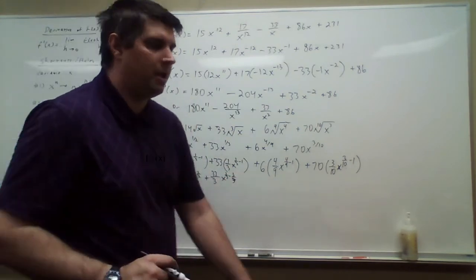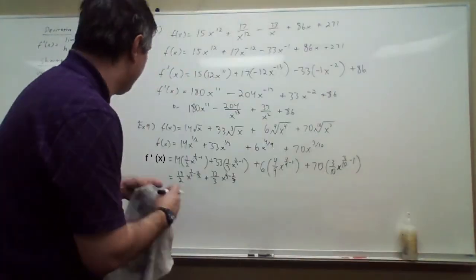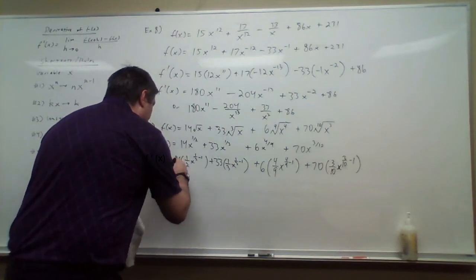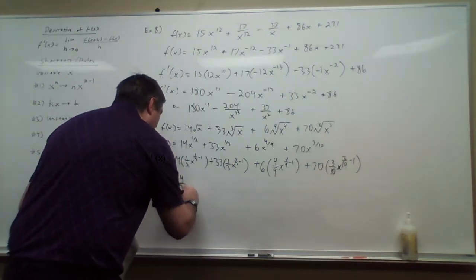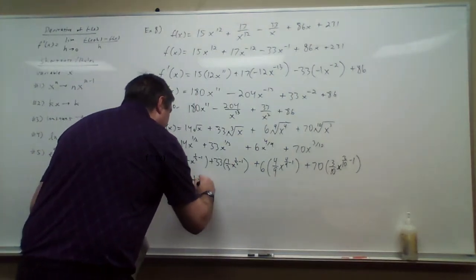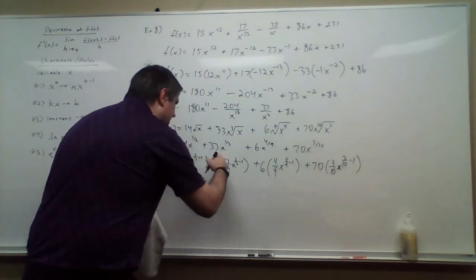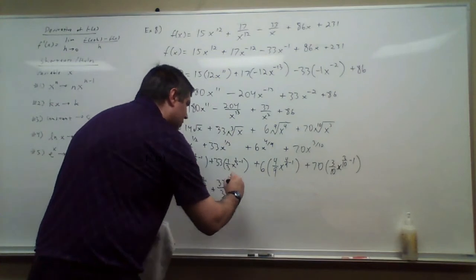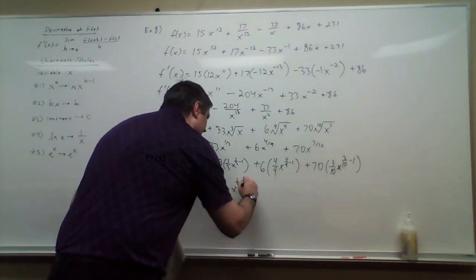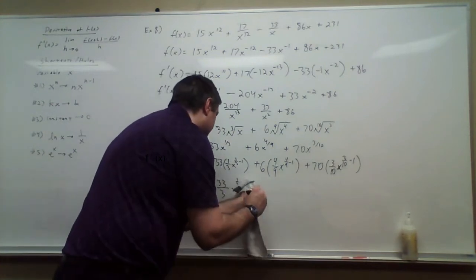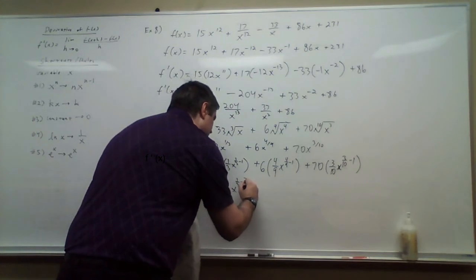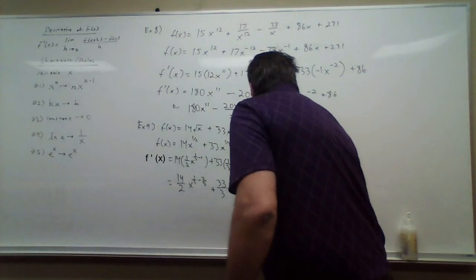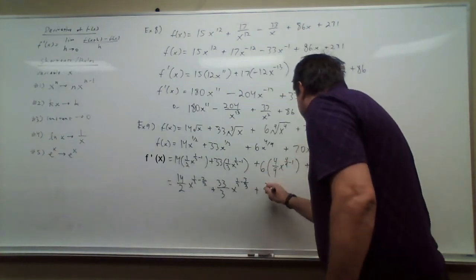Okay. Oops. What I'm going to do is I'm going to go back, make these bigger. Okay. So this is going to be 14 times 1 is 14. Put it over the 2. X to the 1/2 minus 2/2 plus 33 times 1 is 33. Put it over the 3, and we have x to the 1/3 minus 3/3. Okay? Plus 6 times 4 is 24.